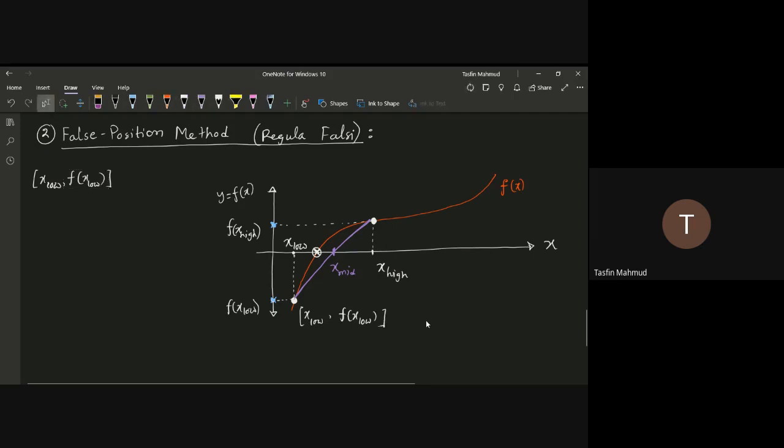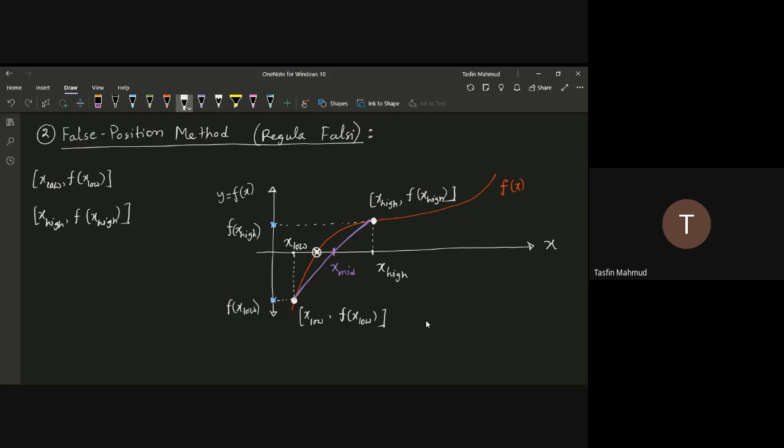The other point is x high, comma f of x high.